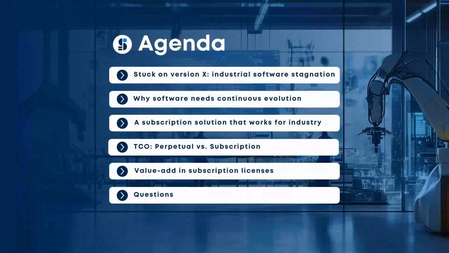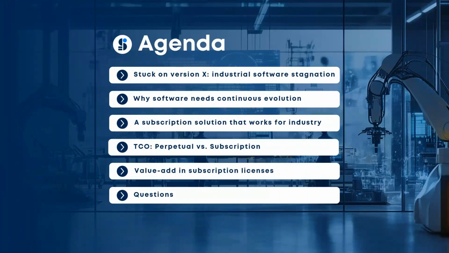All right, so on the agenda today, we're going to once again speak about industrial software version stagnation, how continuous maintenance and evolution of those applications does provide a lot of benefits. We'll also talk about a subscription licensing model that is designed for and that works for critical industry.